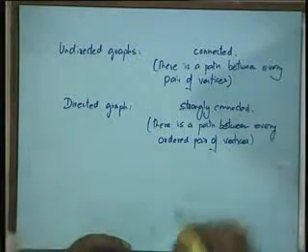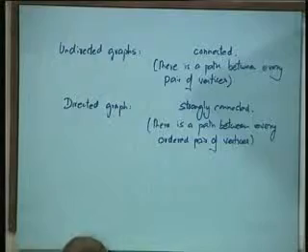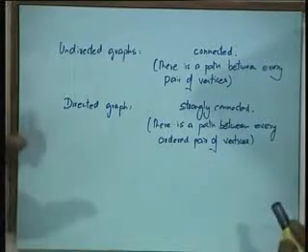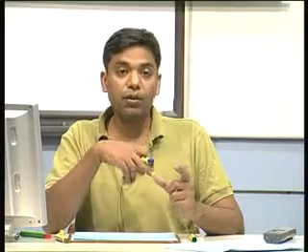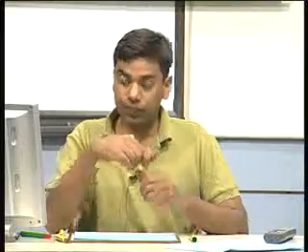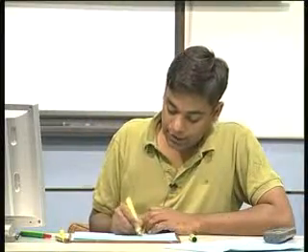Why am I using this term ordered pair of vertices? I said pair of vertices, but it's a directed graph. Maybe there is a path from U to V, but there is no path from V to U. Let's take an example.